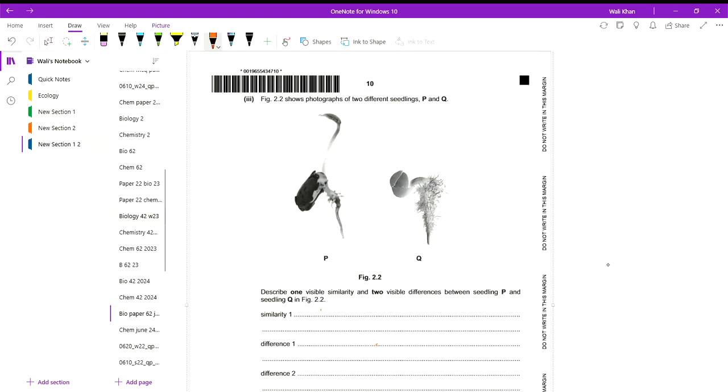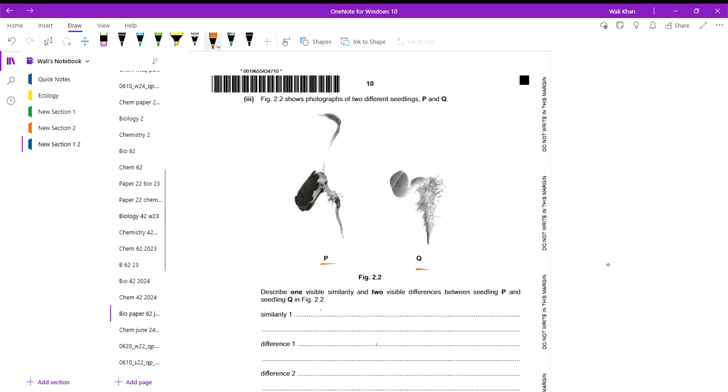Figure 2.2 shows photographs of two different seedlings P and Q. Describe one visible similarity and two visible differences between seedling P and seedling Q. So the visible similarity is root and shoot.